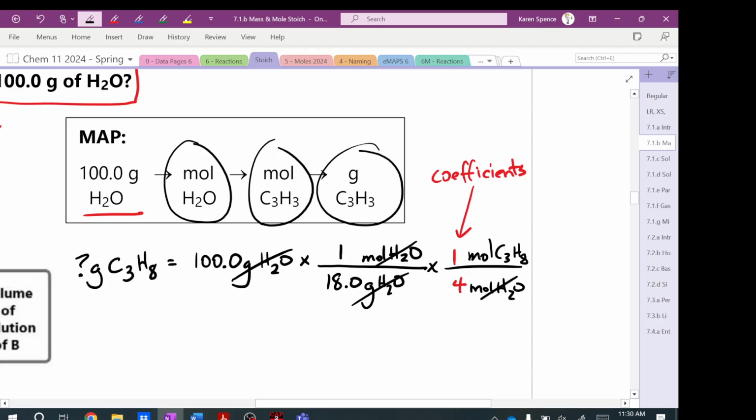And finally, we're asked to go to grams of C3H8. So we need to cancel the moles of C3H8 and find grams of C3H8. 3 times 12 is 36 plus 8 is 44.